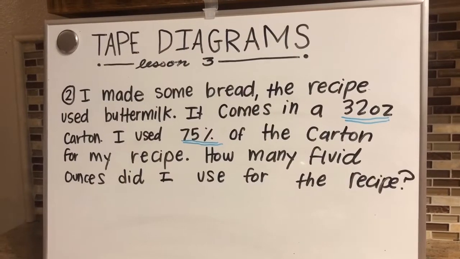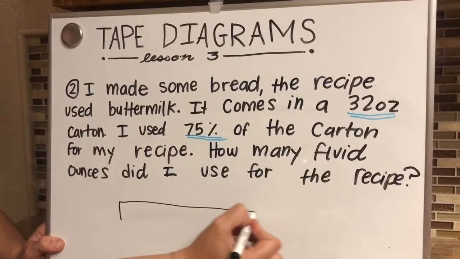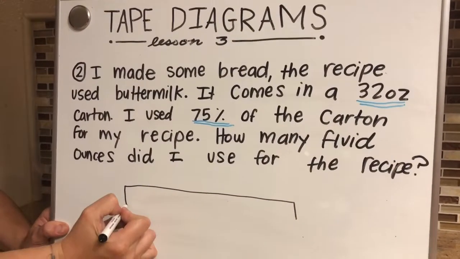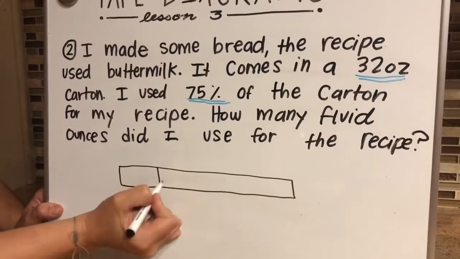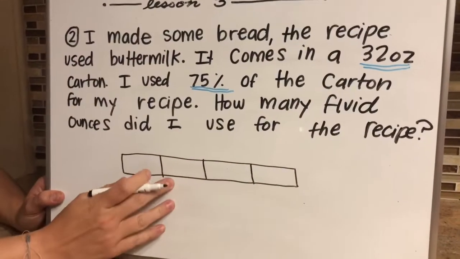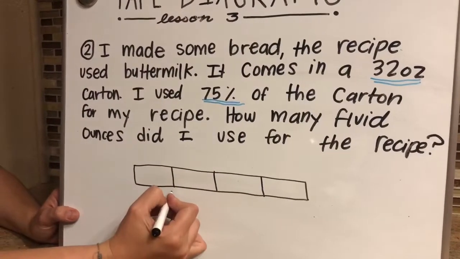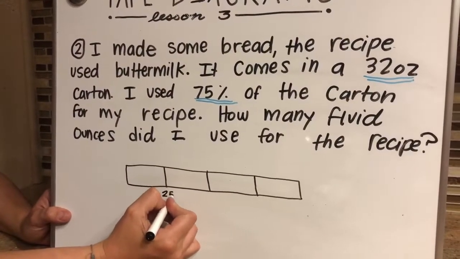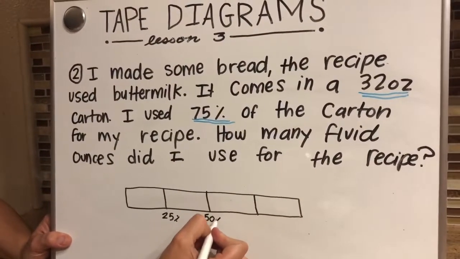So let's go ahead and use our tape diagram to figure this out. When I look at this tape diagram, it kind of reminds me of fractions. And we covered fractions in our class. So remember, the first one is 25%. The second one would be 50%.